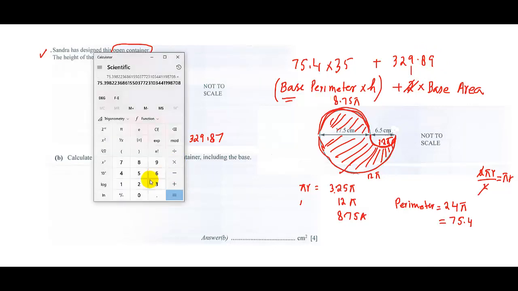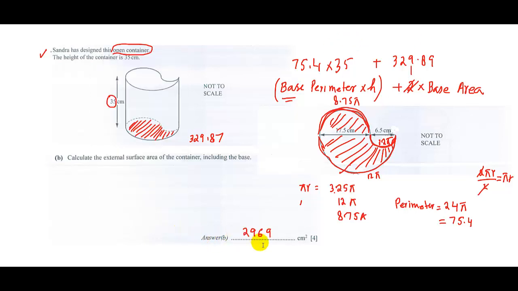Into 35 plus 329.87. So this is the answer, if we round it up to the whole numbers.